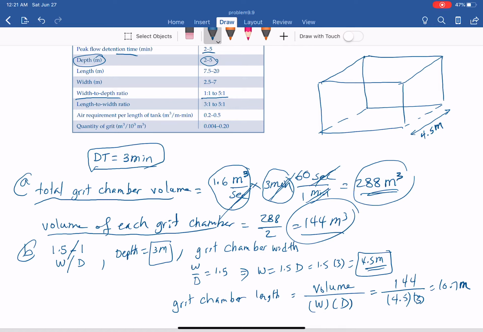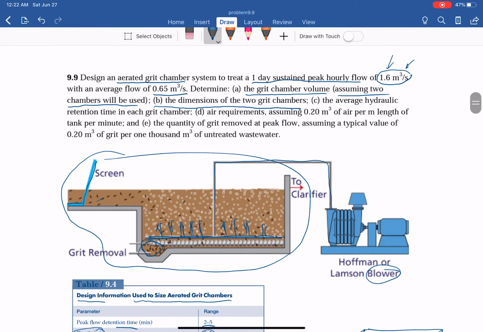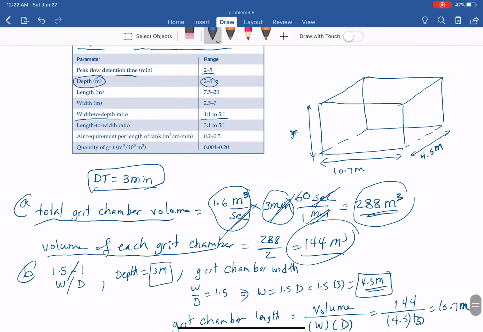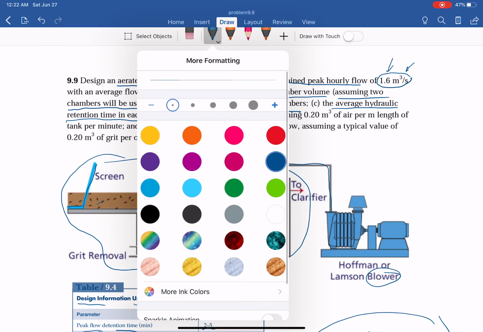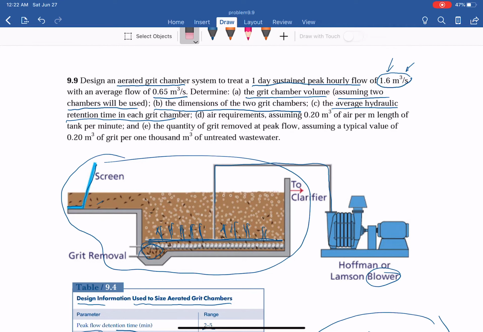This is the width, and the length is 10.7 meter, and the depth was 3 meters. So this is the second part, which is the dimensions of the two grit chambers. Each one of the grit chambers will have the following dimensions. Now let's look at part C. What is the average hydraulic retention time in each grit chamber? Okay, so let's erase this and try to find C.